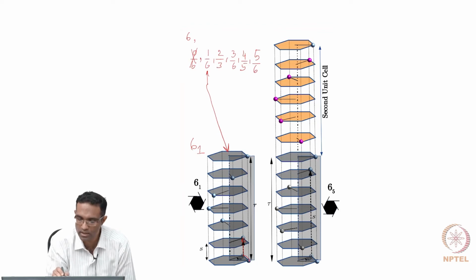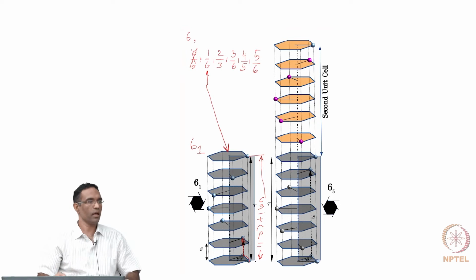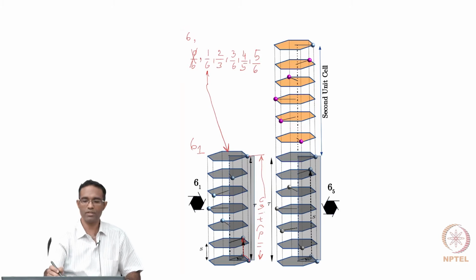So this is the entire unit cell. I am moving it 1/6 of the entire unit cell. So 1, 2, 3, 4, 5, 6. If I perform this 6 times, I will essentially make this atom land up here.